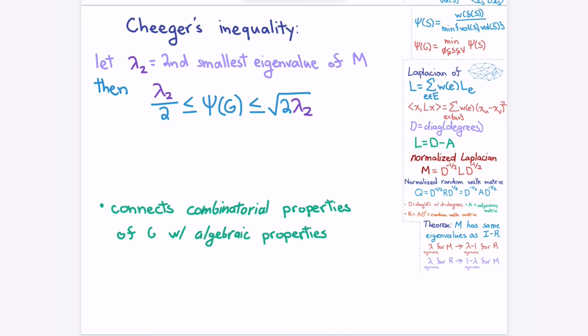The conductance of a graph is a natural combinatorial thing. Someone who's interested only in graphs would be interested in the conductance. And it's saying that it's actually bounded by the second eigenvalue of the graph. So lambda 2 over 2 is always less than or equal to the conductance, which is less than or equal to the square root of the second eigenvalue. There's a 2 in there.